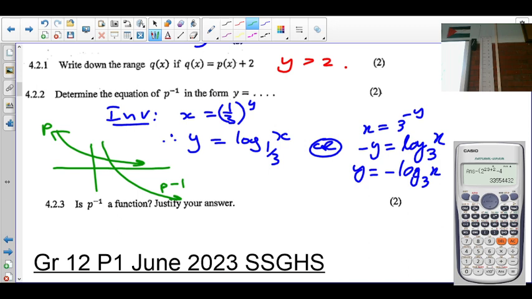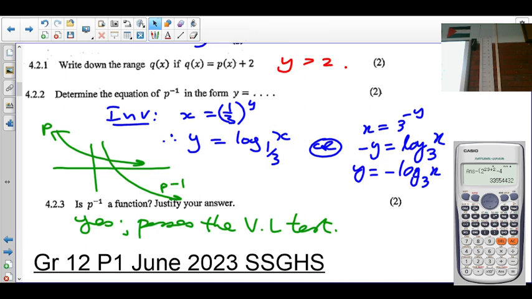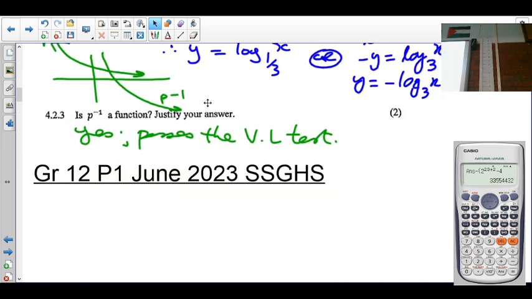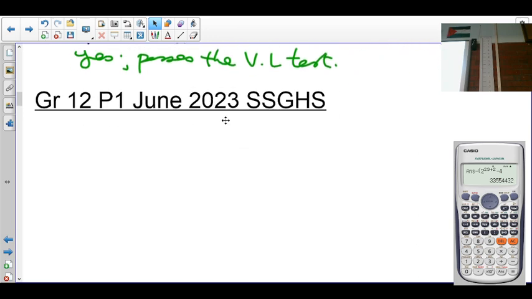So is the inverse a function? The answer is yes. Why? It passes the vertical line test. As you know, a vertical line will cut the graph at one point only. So it passes the vertical line test. And if they ask you what type of function it is, it's going to be a one-to-one function. So for every one x, there's one y.